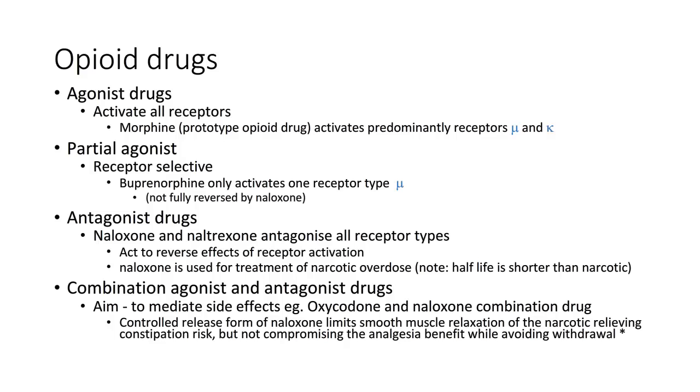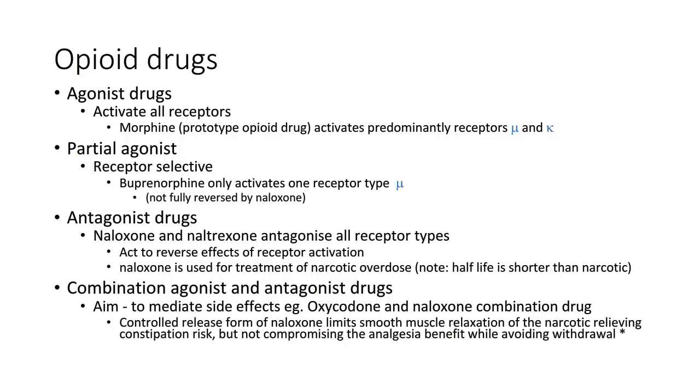What they have learnt is that by combining the agonist and antagonist drugs, and you will find on the market that there is a drug that combines oxycodone with naloxone, this combined drug means that some of the side effects are mediated by the antagonist drug.